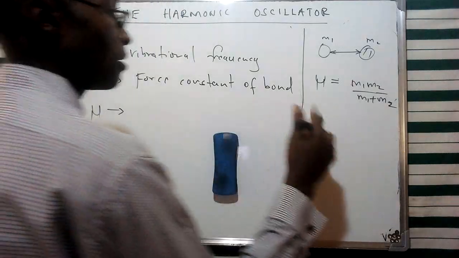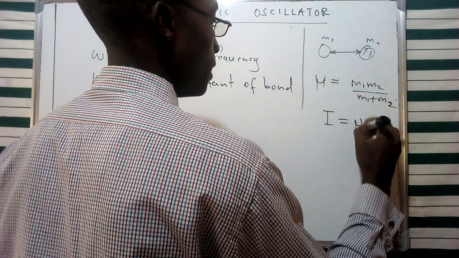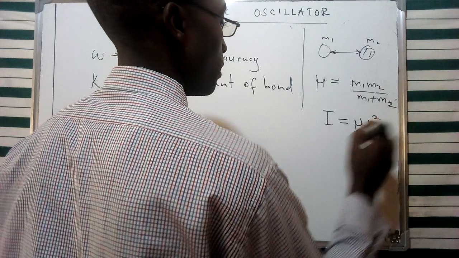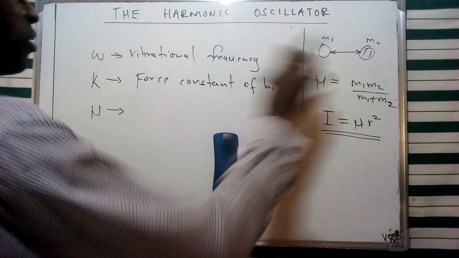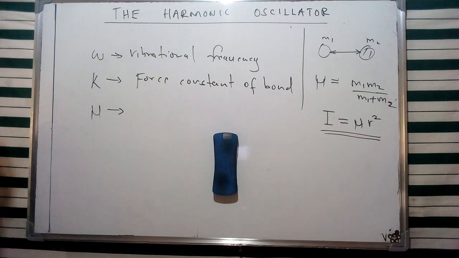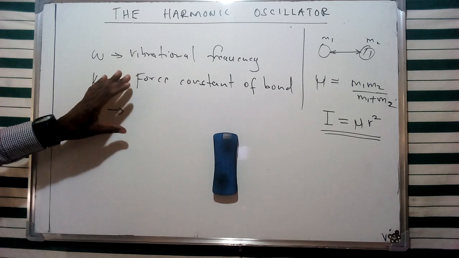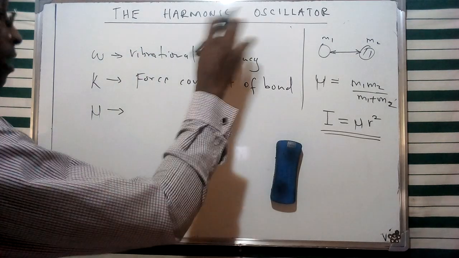And this assists us with one property, the moment of inertia, which I said describes the rotational aspect of this molecule. The reduced mass also plays a vital role in describing the molar vibrational partition function of the diatomic molecule using the concept of the harmonic oscillator.